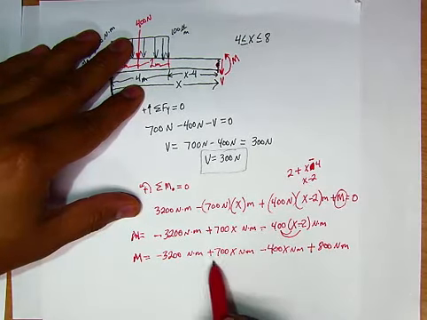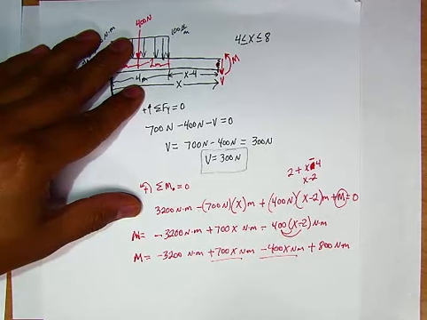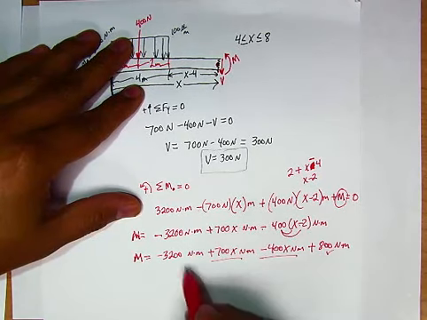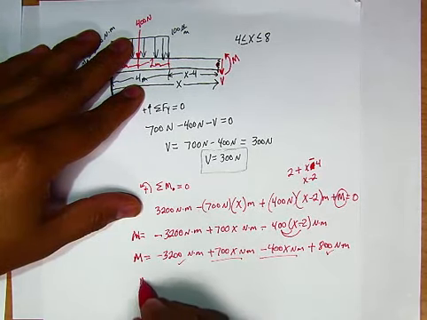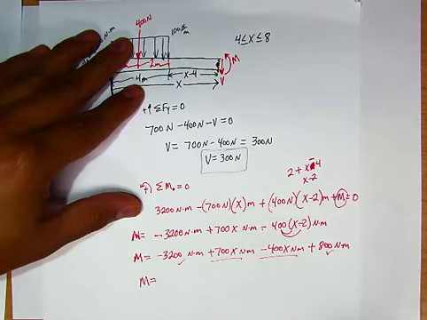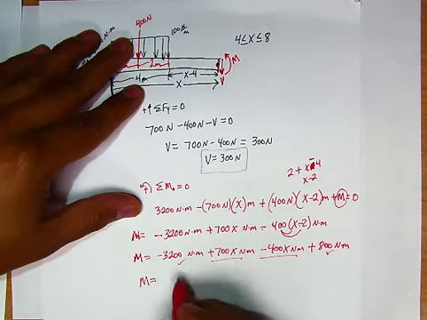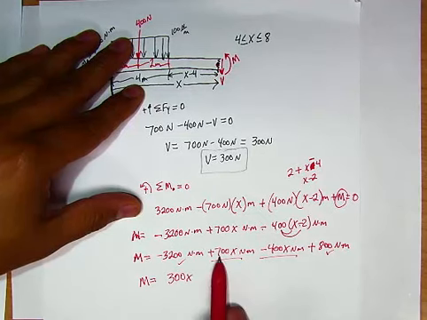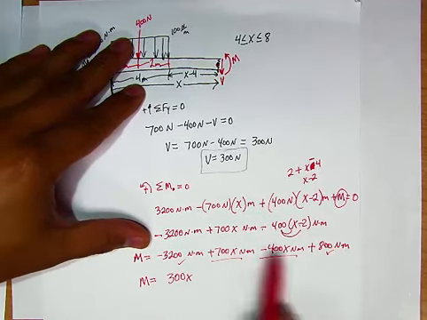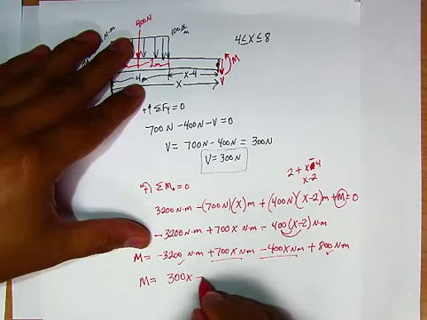Let's collect like terms. There you go. And then this one and this one. So my capital M is equal to 300x, and that is positive, minus, we subtract these two.